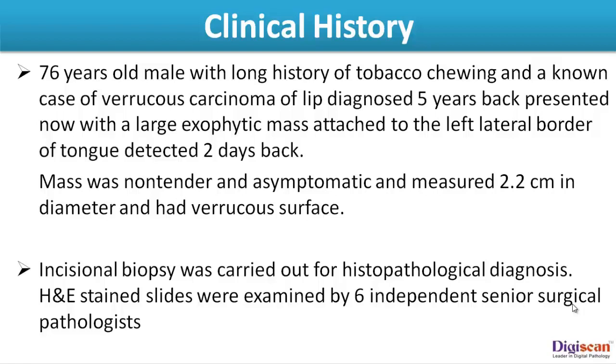The mass was non-tender and asymptomatic, measured 2.2 cm in diameter, and had a verrucous surface. Incisional biopsy was carried out for histopathological diagnosis. H&E stained slides were examined by 6 independent senior surgical pathologists.